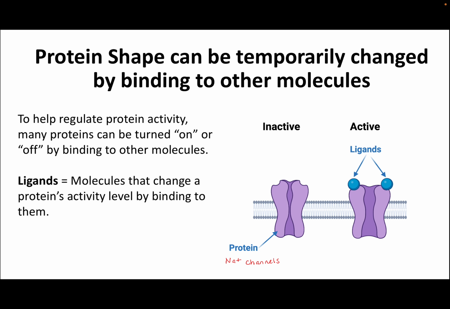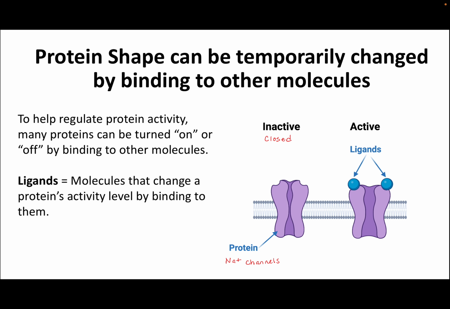Okay, so there's this active and inactive form. The inactive form of the channel is when the protein is not bound to a certain molecule, which we call, very broadly, ligands. So we can see here that the channel is closed, meaning it is in its inactive state.